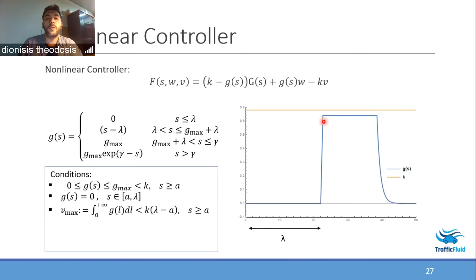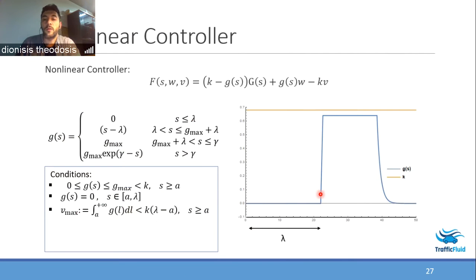Then it increases linearly up to a maximum value, g max here, where the vehicles accelerate fast, and then we have some dissipation when the vehicles are further apart. They also satisfy this last inequality.